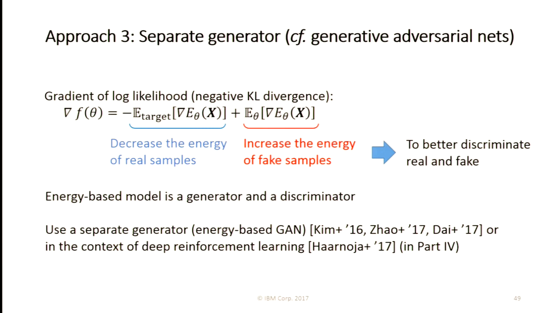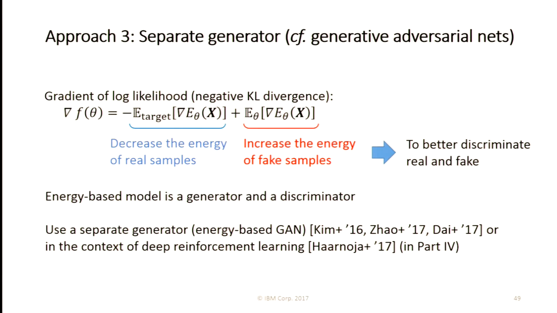The second term tries to increase the energy of samples that are generated by your model, so it can be seen as increasing the energy of your fake samples. The objective is to update your model parameters so that you can better discriminate between real and fake samples.